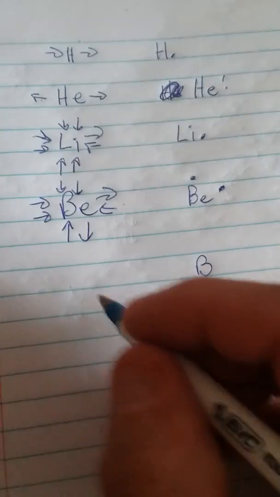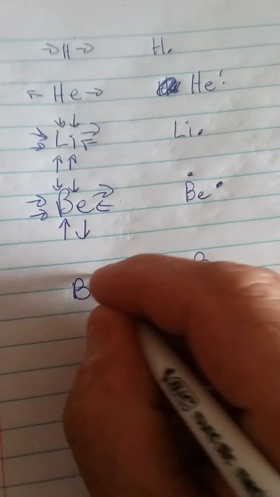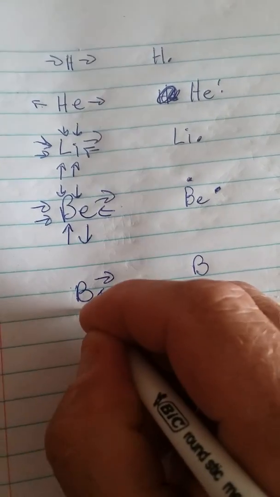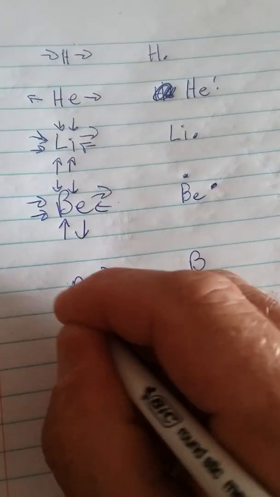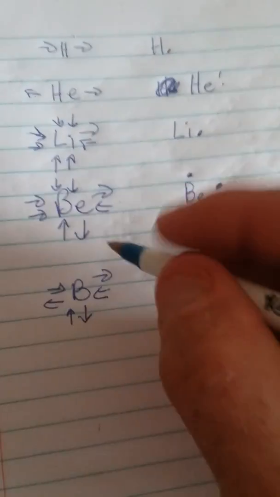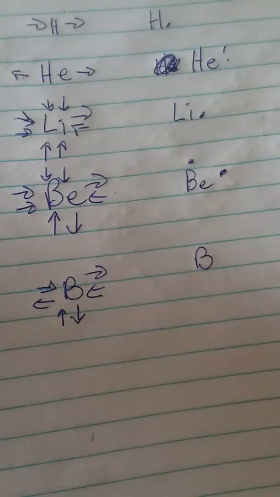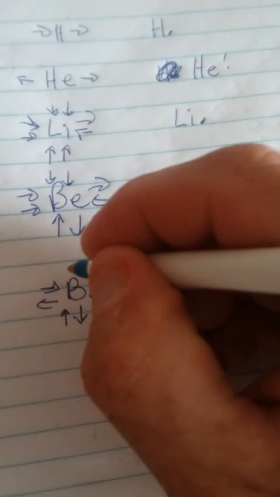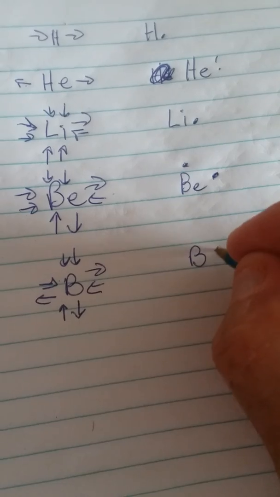Here's boron, with its 3 bonding keys, bonding preference to keyholes. General idea, at least. And so 1, 2, 3.